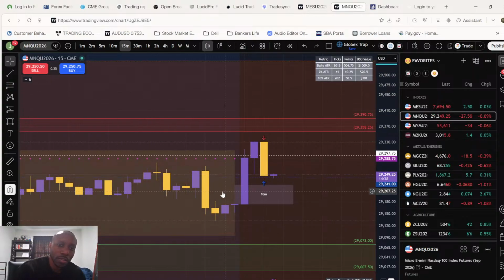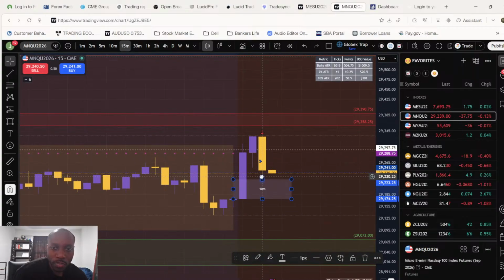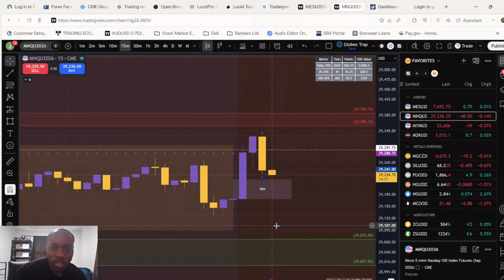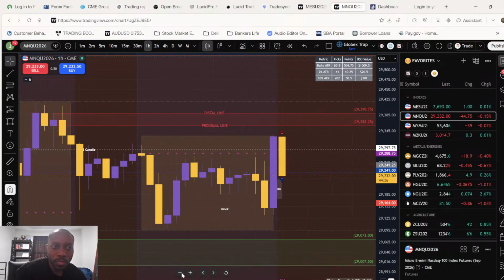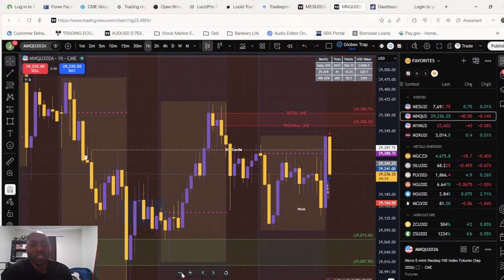Yep, it is in the 15-minute though. Got the 15-minute candle. That's the 15. This is the 10. Yeah, this price action is so nasty. I don't lie, this price action is disgusting.